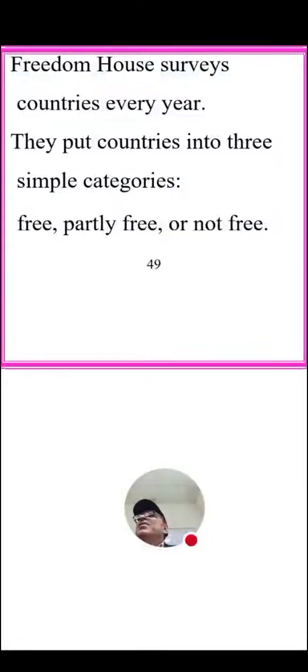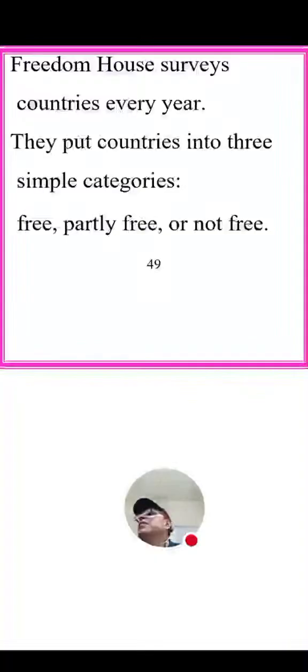Freedom House puts countries into three simple categories: free countries, partly free countries, and not free countries. Every year they publish a report.